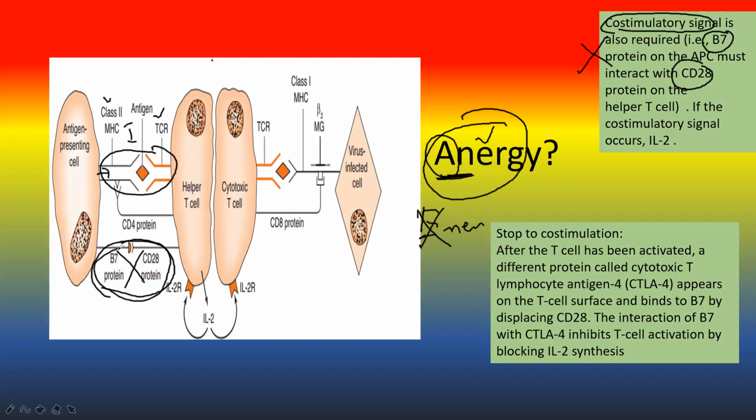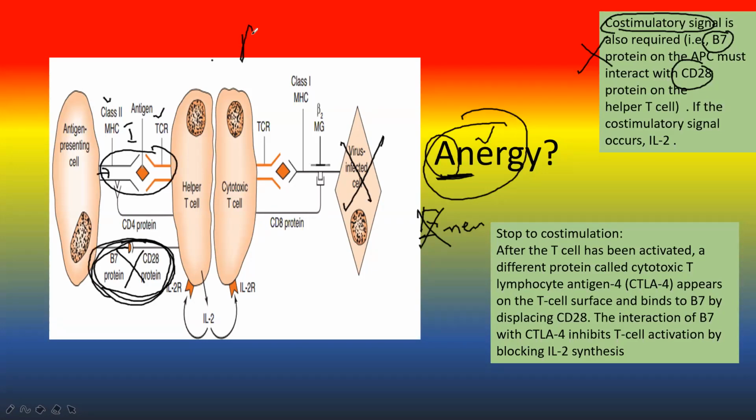If this secondary signal is not there, the T cell is not active. Can it kill virus-infected cells or any bacteria? No, because the T cell is not active. So for full T cell activation, I need this signal.